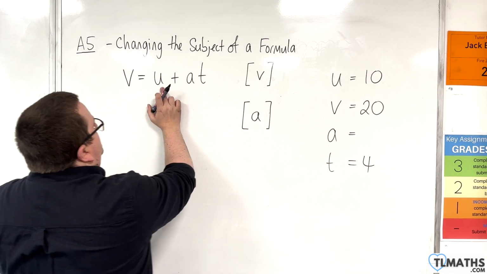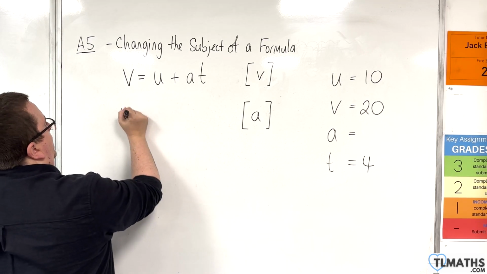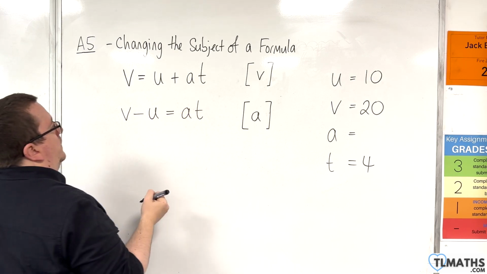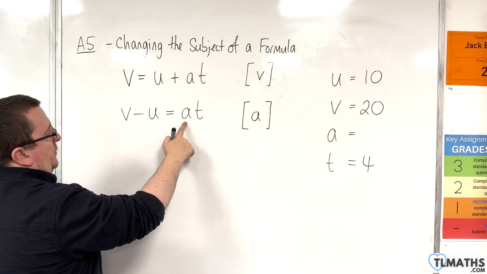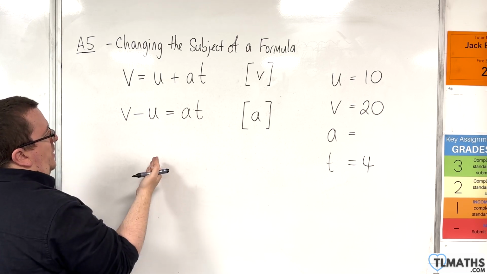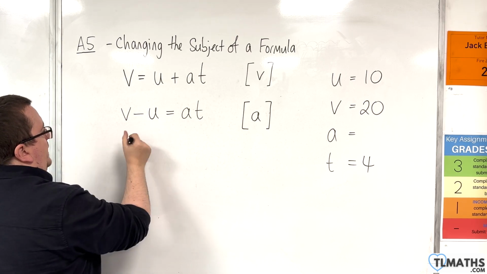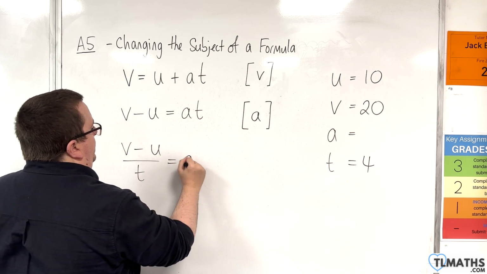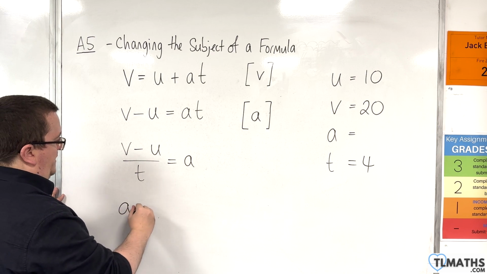So I could subtract the U from both sides, and now, because I've got A times T, I could divide both sides by T to leave myself with this. So I'm just going to write it this way round.